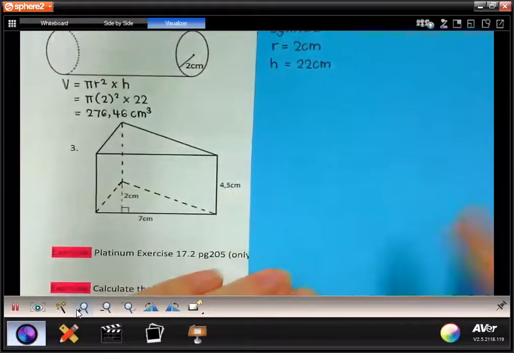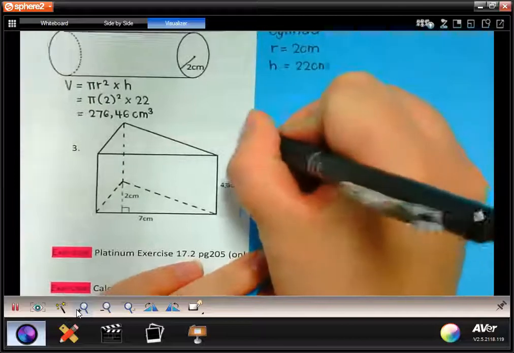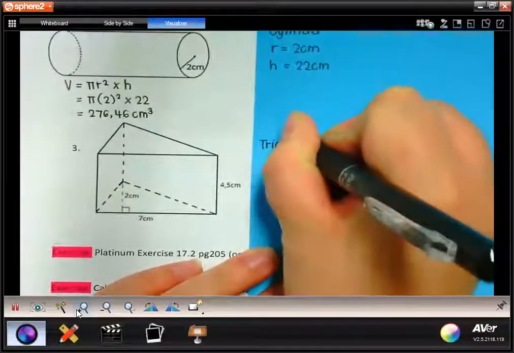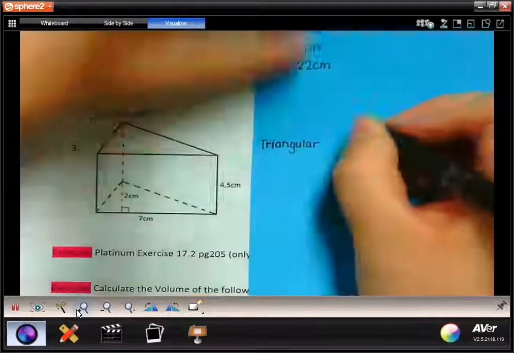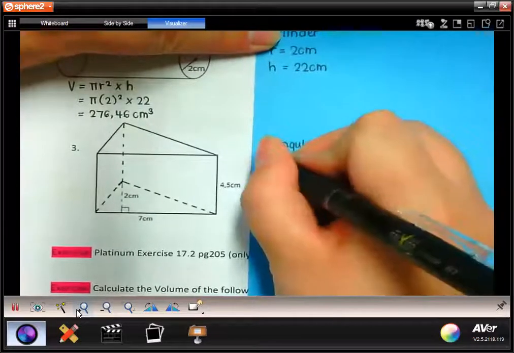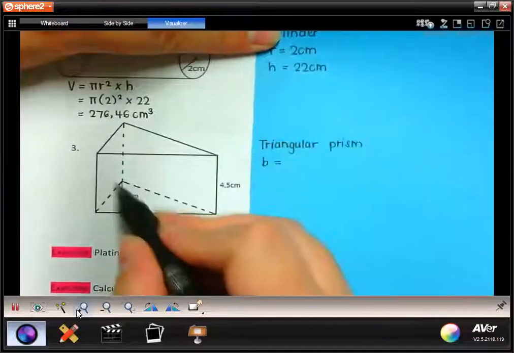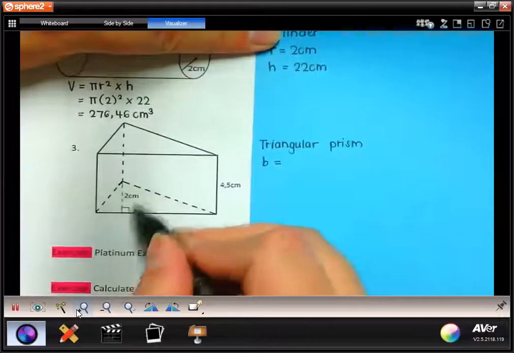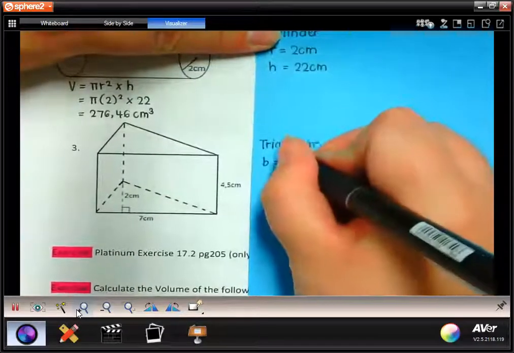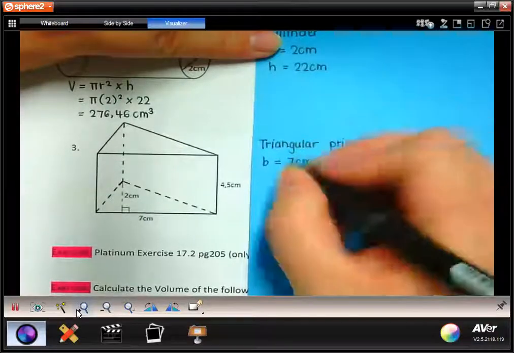4.5. Okay, so this is a triangular prism. The base of the triangle, right? Because remember, for the area of a triangle, we need to say half base times perpendicular height. So the base of the triangle is 7 centimeters.